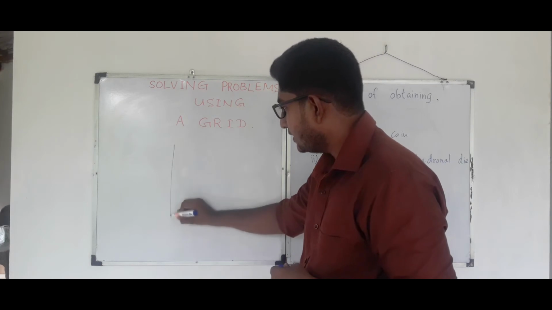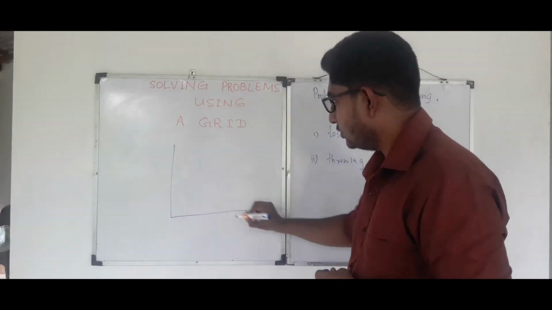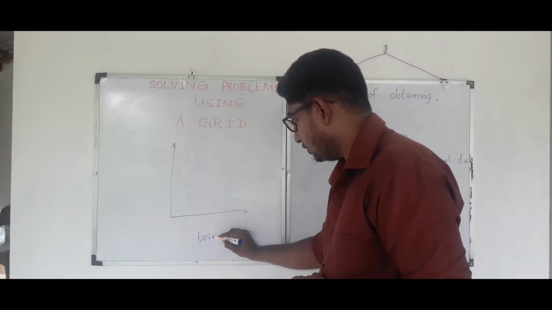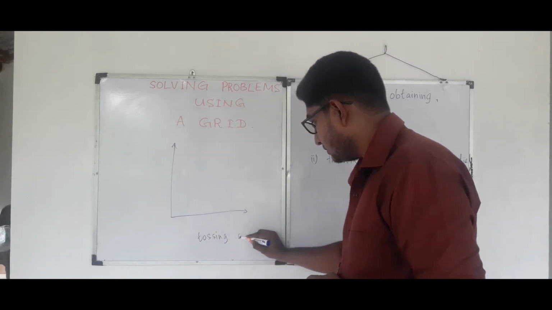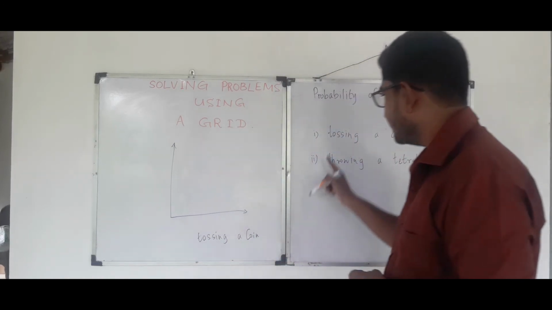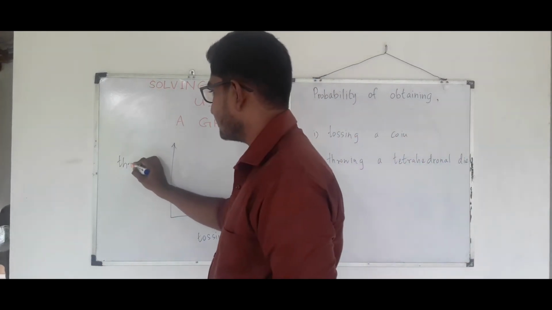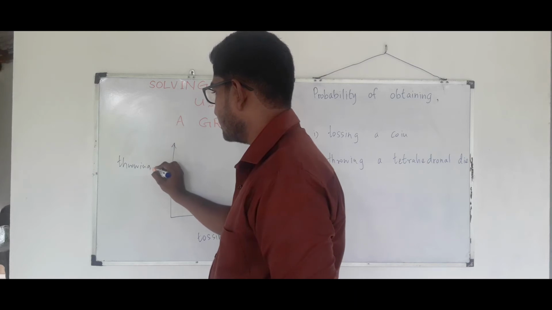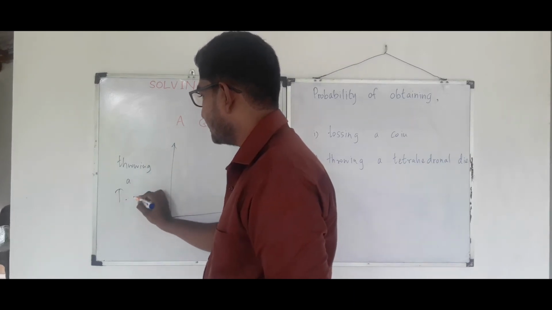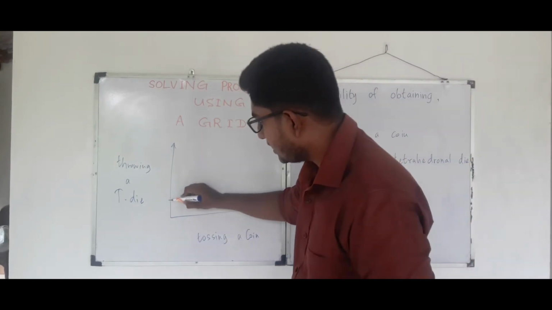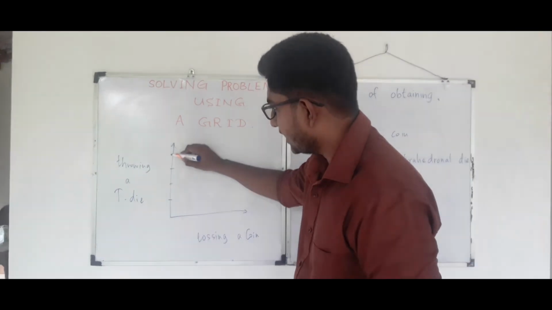For that I have to draw the grid. This axis I am going to mark my first activity, y-axis second activity. Throwing a tetrahedral die. What are the possible results in this activity?